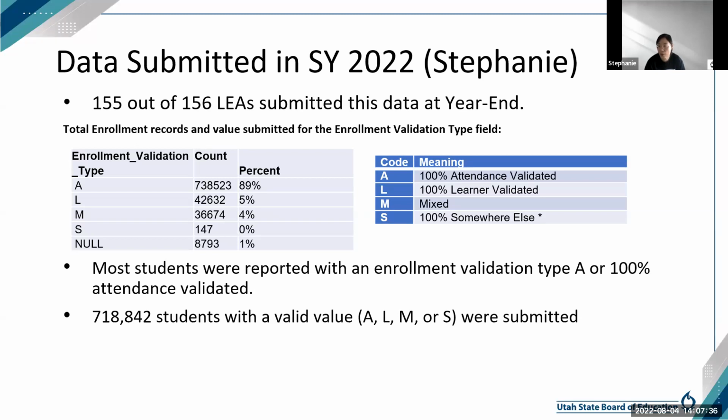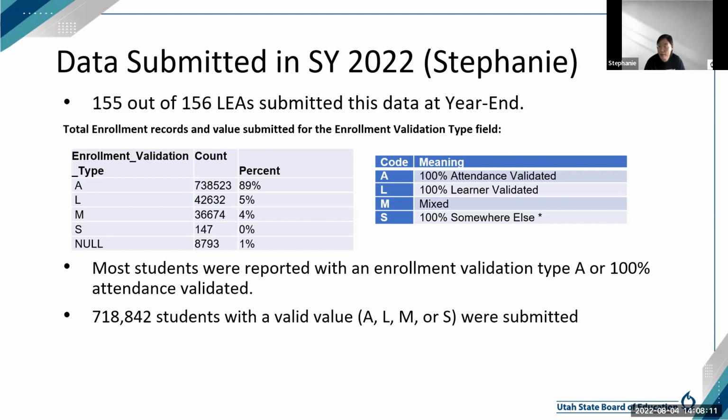Here is a table which presents the percent distribution of the codes submitted for that field. In the table, we can see most students were reported with an enrollment validation type A, or 100% attendance validated.